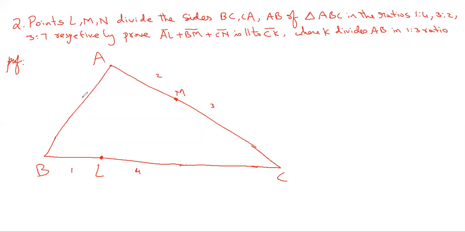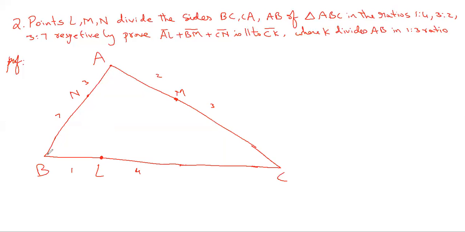Next, N divides AB, from A to B, in the ratio 3:7. So if this is 3, the other one should be approximately double of it. So this is point N, and this is 3 and this is 7, 3:7. Next, K is also on AB in the ratio 1:3.